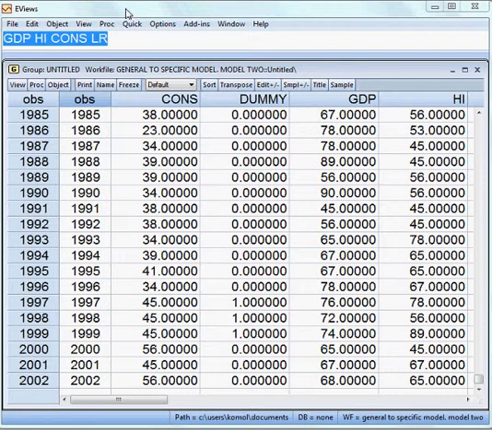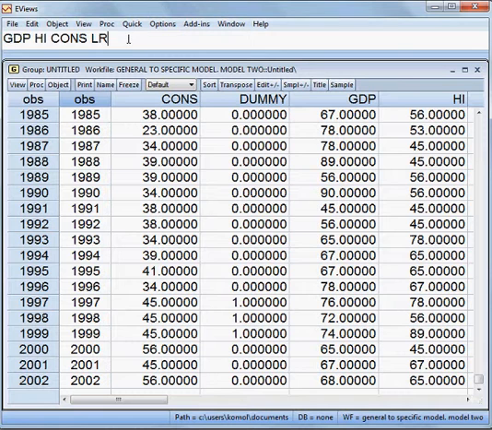Now we want to check whether all the four endogenous variables are co-integrated or not. That we want to check, whether GDP, HI, cons and LR are co-integrated or not.